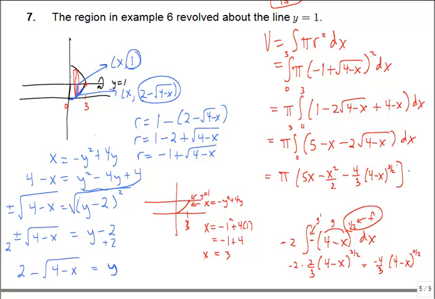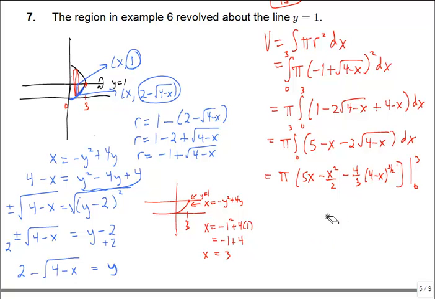Okay, and then we're going to plug in our 3 and our 0. All right, so if we plug in our 3, 5 times 3 is 15, 3 squared is 9, so this is 9 halves, minus 4 thirds. 4 minus 3 is 1. 1 to the 3 halves stays 1, so this is just 4 thirds times 1.